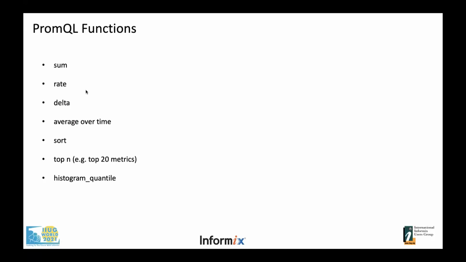So what I mean to say is that this is extremely flexible. Once you have the data in your time series database, there are a lot of functions that can be used to create a lot of graphs which are really helpful.